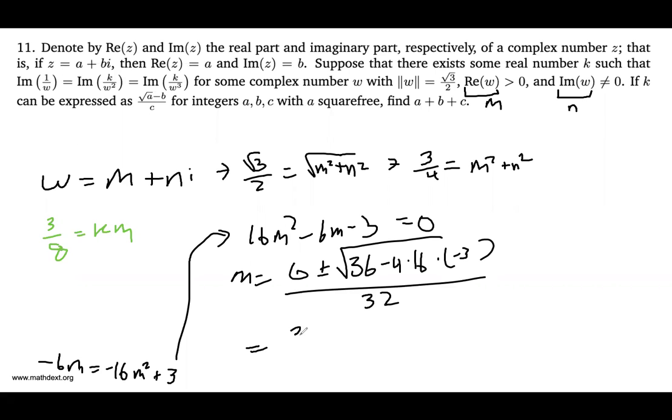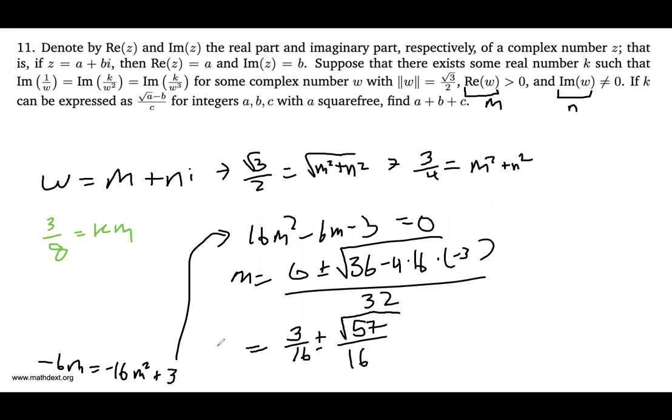This is equal to 3 over 16 plus or minus the square root of 57 over 16. And so what does that tell us? It just tells us that m is equal to this.